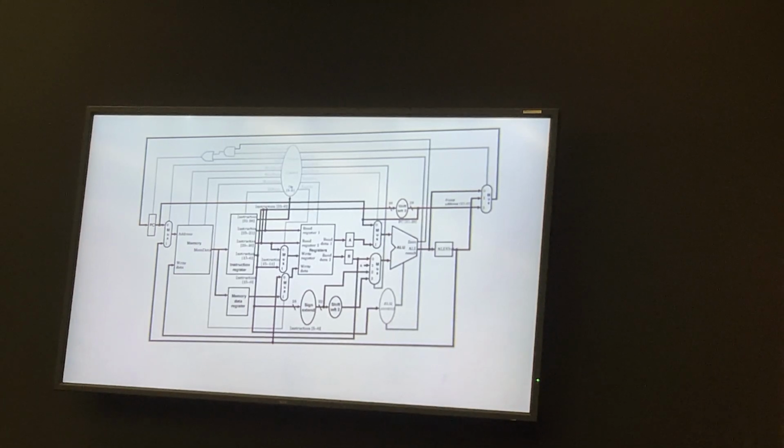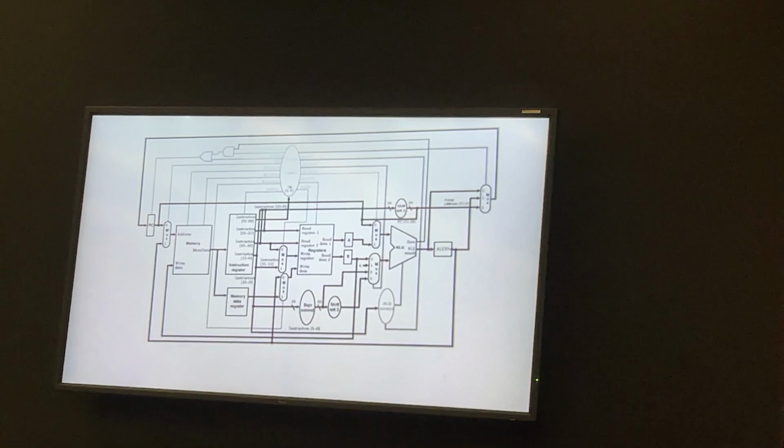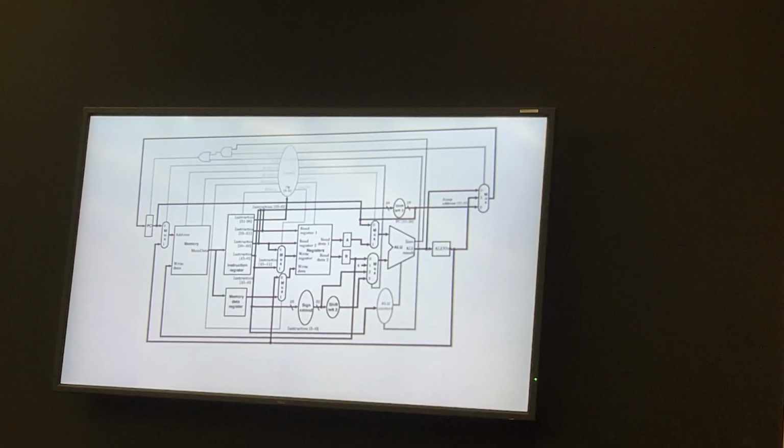Okay? So let's start. As before, we are going to write, not quite in English, but formally, precisely, what each of the instructions does, the R type, the fetch, and so on.